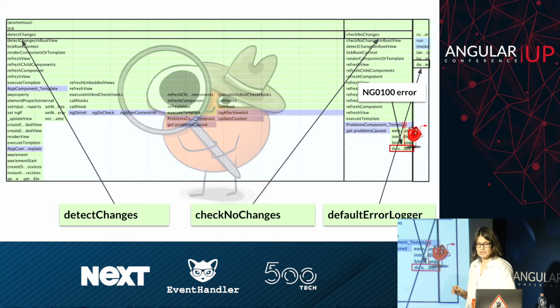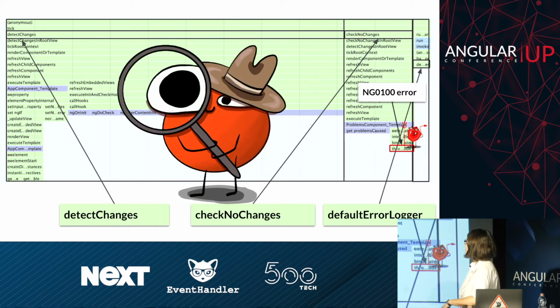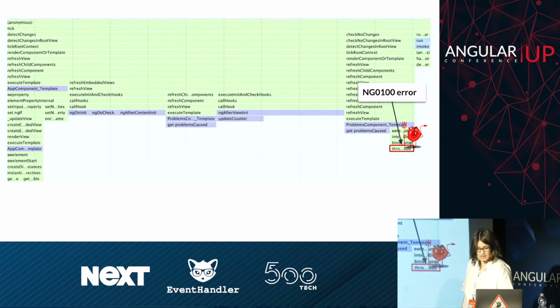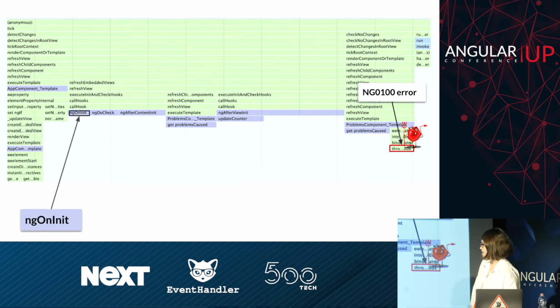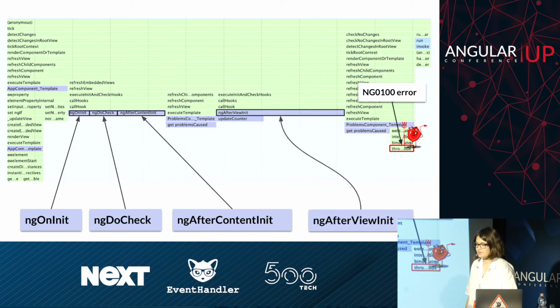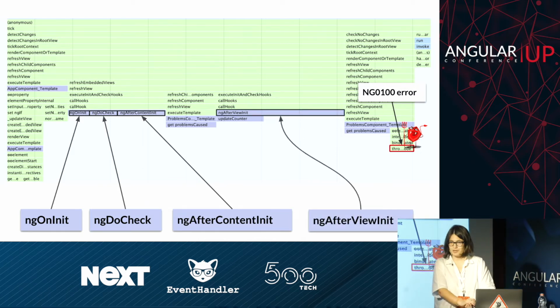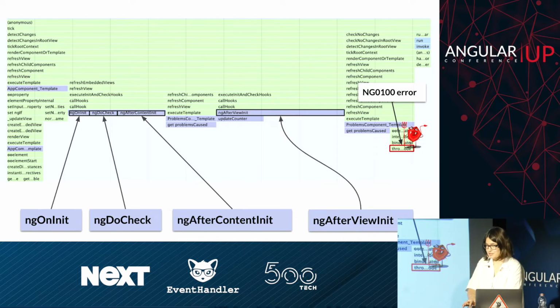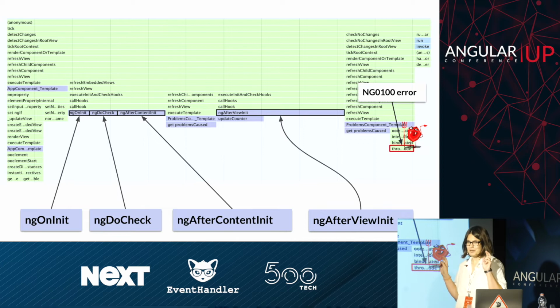Yay. What else can we investigate here? Look again. What do we see? ngOnInit, ngDoCheck, ngAfterContentInit, something we can understand. ngAfterViewInit. So we get one clue already from just looking at this chart: ngAfterViewInit is providing our problems.